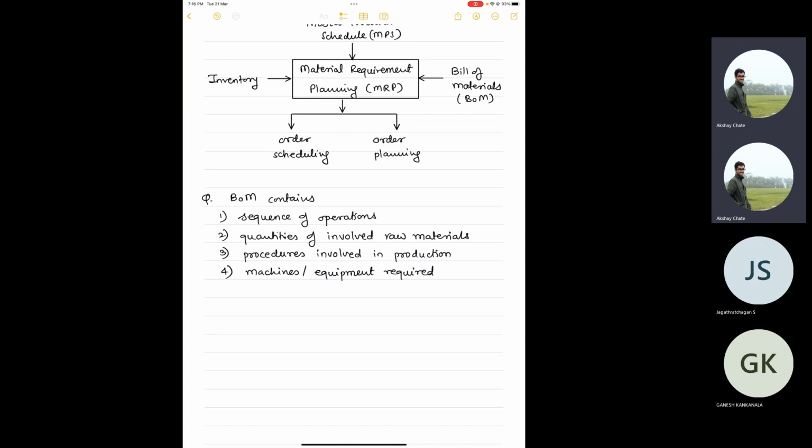For example, if you want to manufacture a soap, then in the BOM of that corresponding product code, you'll find how much quantity of caustic is there, how much quantity of other raw materials, color, fragrance, and on which machine for how long it should be run. So all those things are there in BOM. So that's why BOM is quite important. So you can say all of the above are correct.